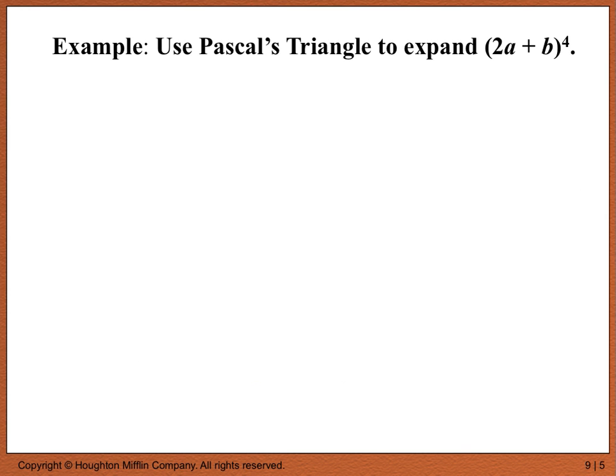Next example, use Pascal's triangle to expand 2a plus b to the fourth power. Now, notice that 2a plus b does not look like x and y, but it's treated as x and y. And what I mean by that is this is just the first term, the 2a, and this b is the second term. So this 2a corresponds to the x, the b corresponds to the y.